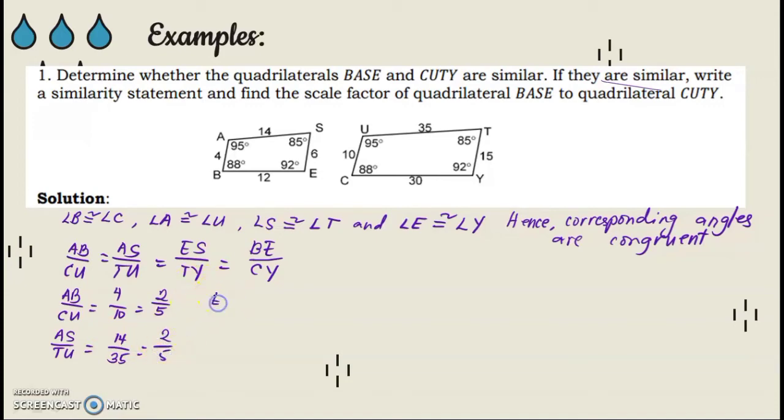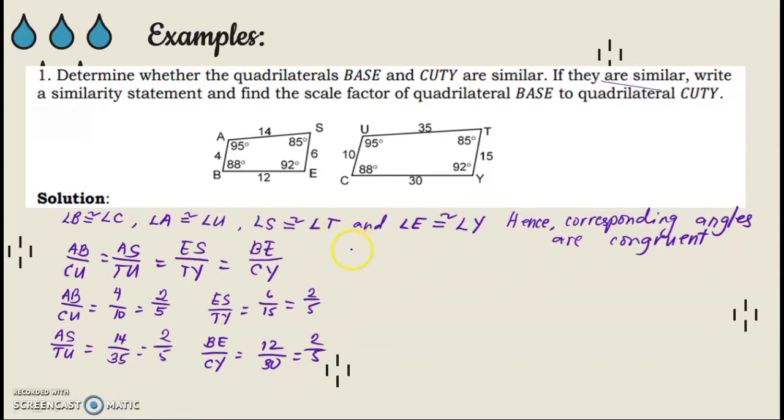Okay, next. Si ES over TY, ES is 6, and then 15. So, lowest term, divisible kay 3. So, 2 over 5. And lastly, we have BE over CY. Si BE is 12, and then si CY is 30. So, divisible kay 6. So, 2 over 5. So, as you can see, pare-parehas. Tama ba?